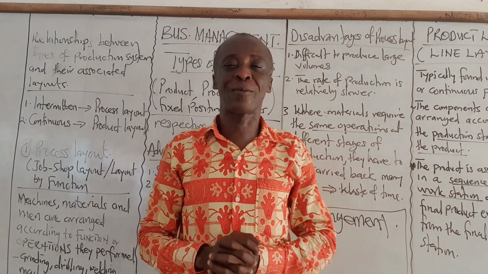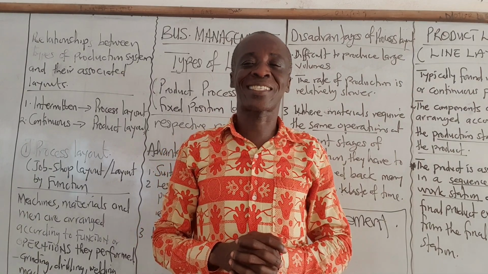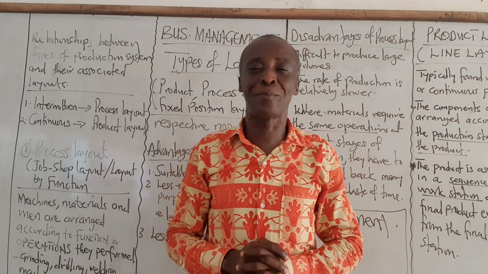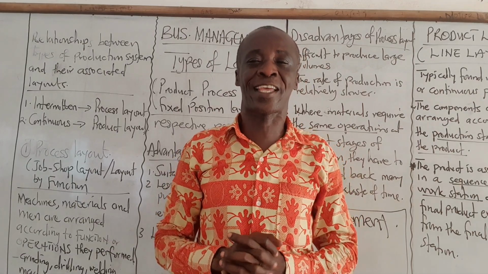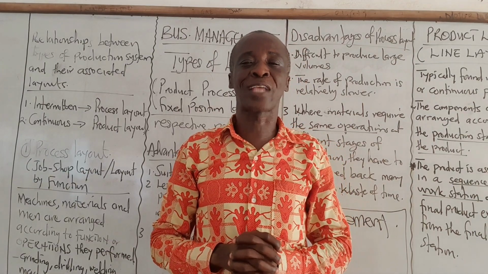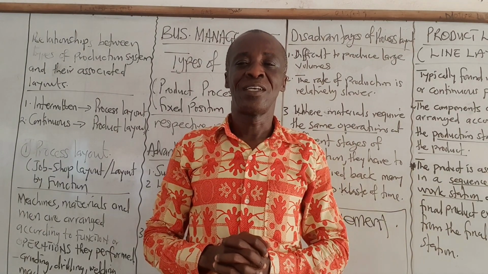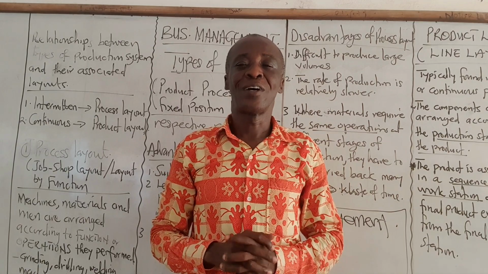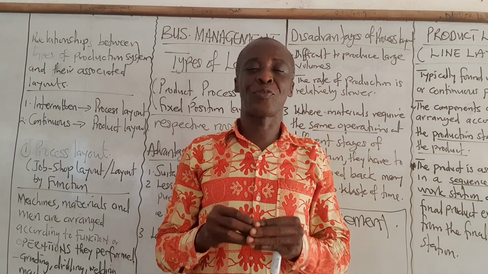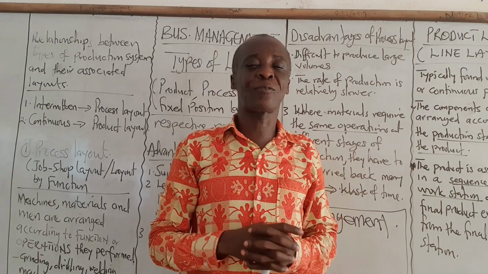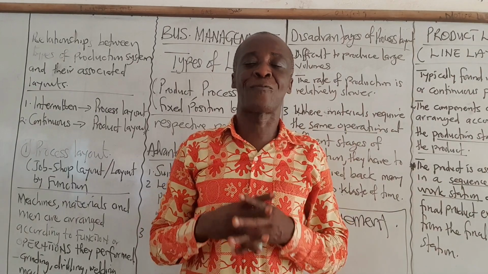Now, we have talked about production system. We looked at the intermittent production system, and we also looked at the continuous production system. The kind of system that you are operating, there is a relationship between the type of system and the type of layout.